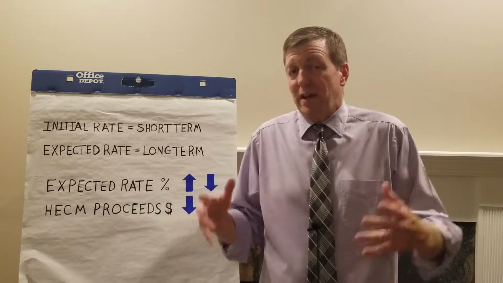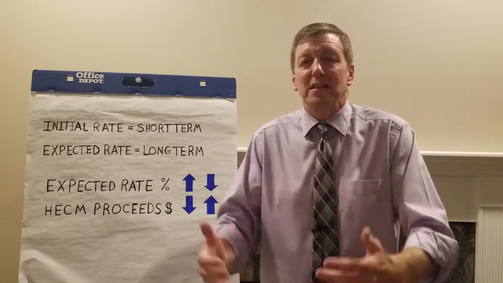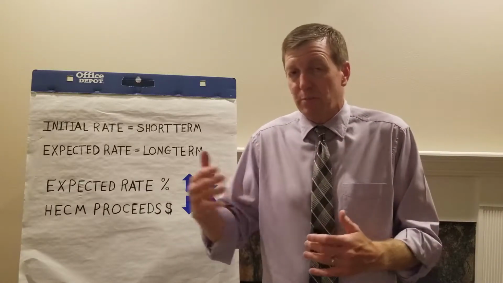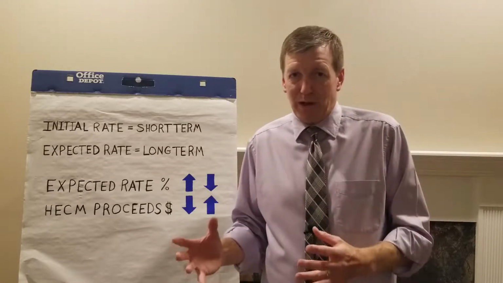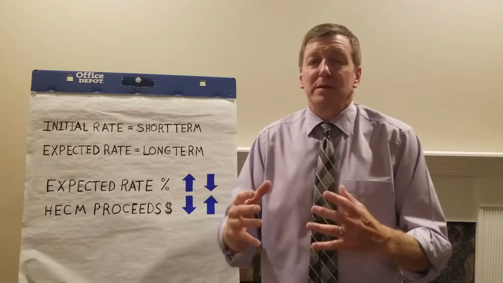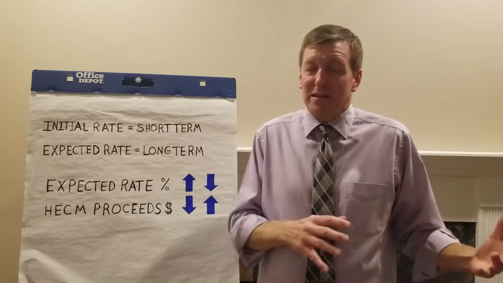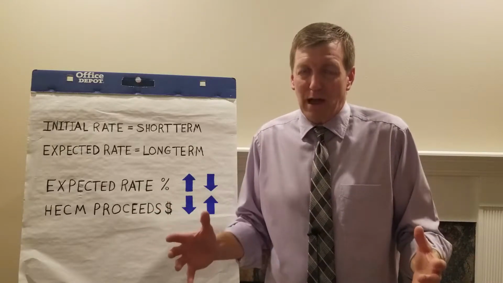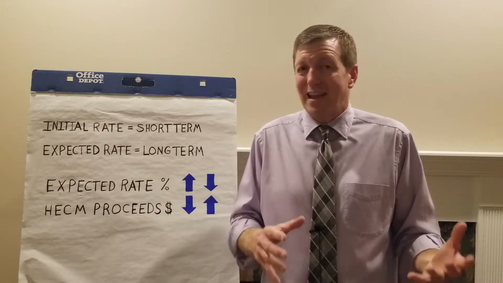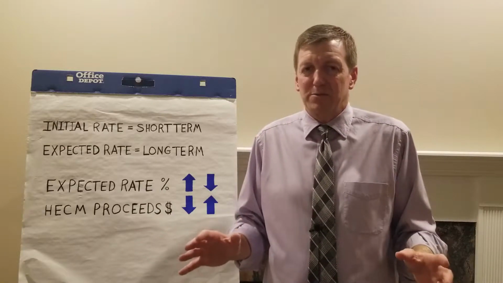Mainly the fixed rate, everybody says they want a fixed rate, but the problem with that is the government limits the amount of money that a customer can pull out up front with a reverse mortgage fixed rate loan. And the fixed rate requires you to take all the money up front. But if the government limits the amount you can get, you're not really maximizing the amount you can pull out. Plus, since you have to take it all at once, you're charged interest from day one. So that's not a good option for people.